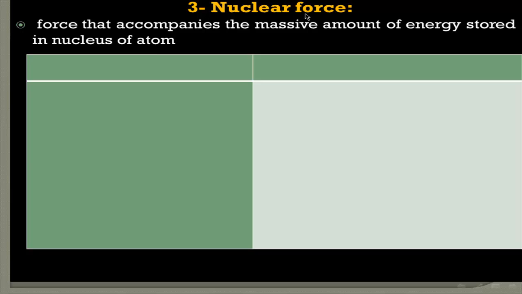Nuclear force is produced from the massive amount of energy stored inside the atom, and it has two types: weak nuclear force and strong nuclear force.